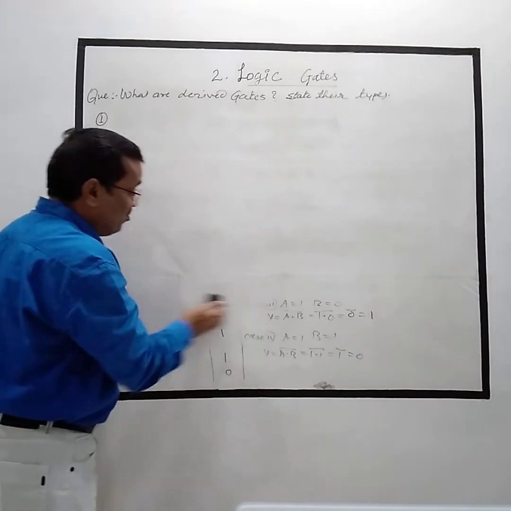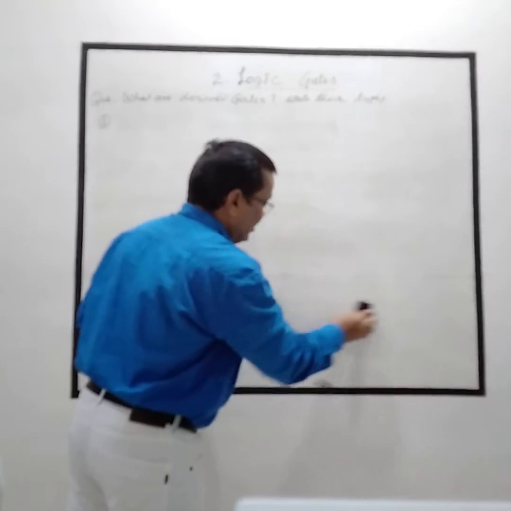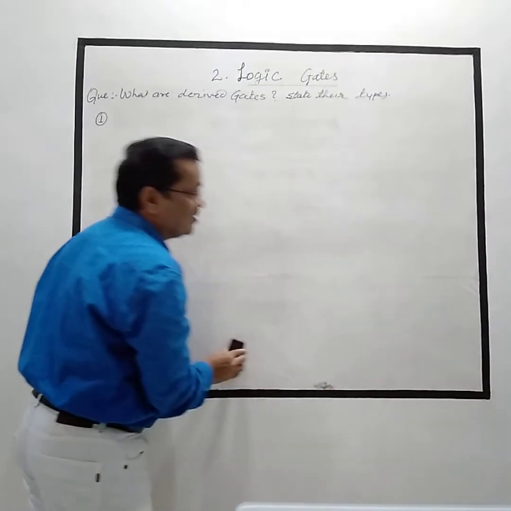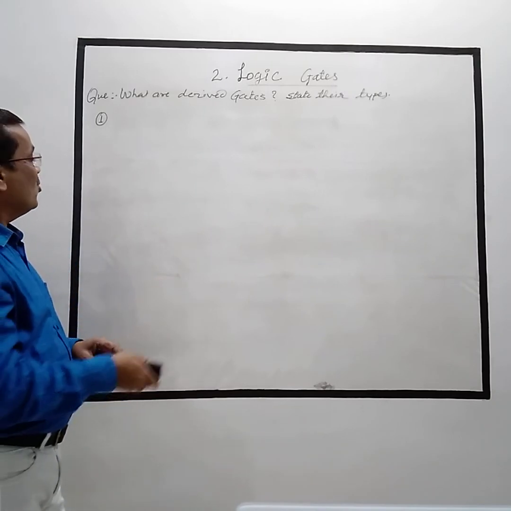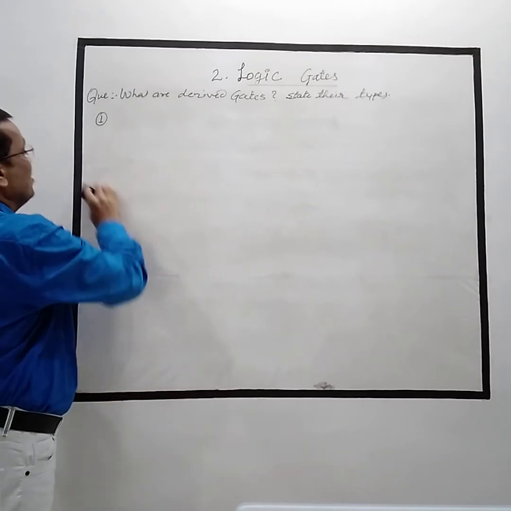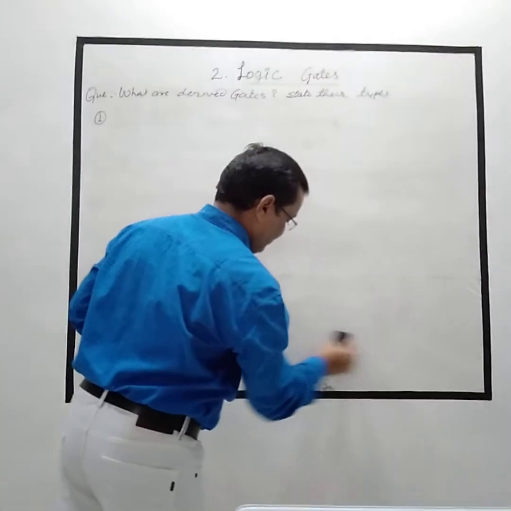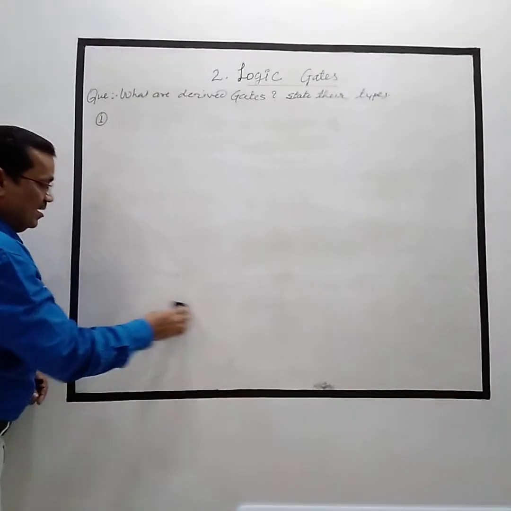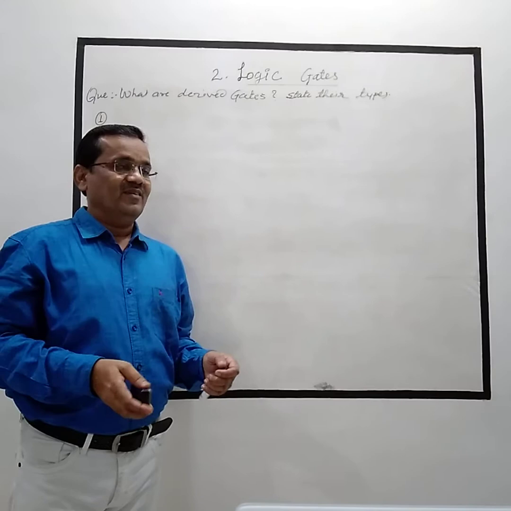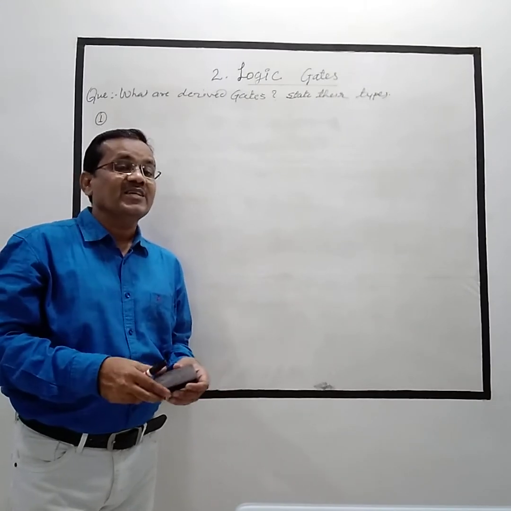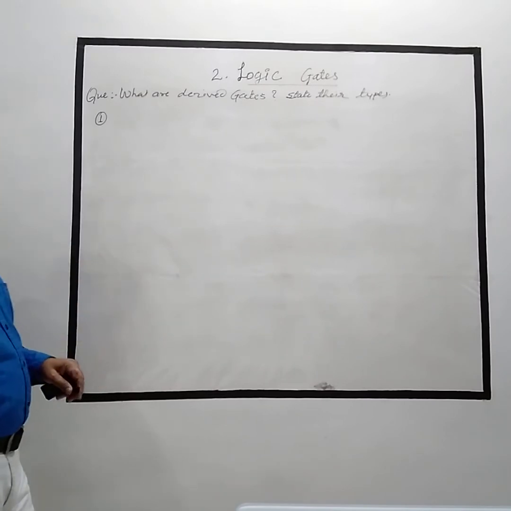Among the 4 combinations, this XOR gate excludes, omits 2 possible combinations and considers only the remaining 2 combinations, and that's why it is called exclusive. The OR gate is also called the inclusive OR gate. So the OR gate has 2 types: inclusive OR gate and exclusive OR gate.